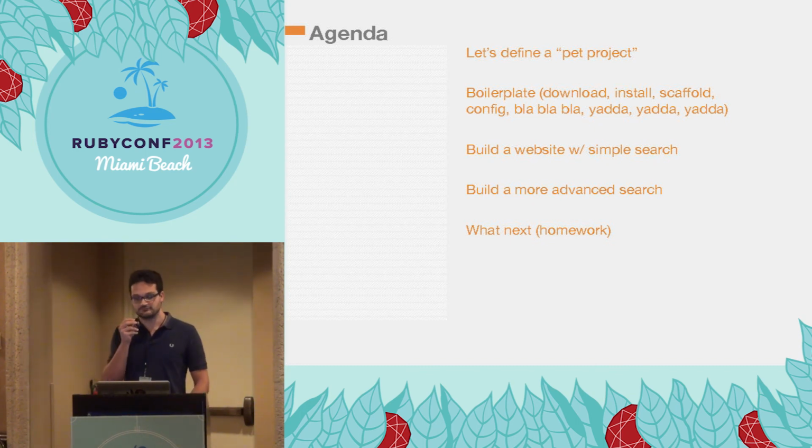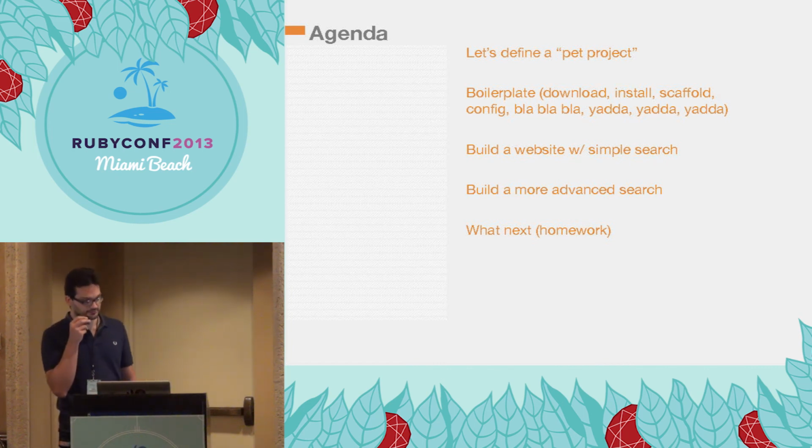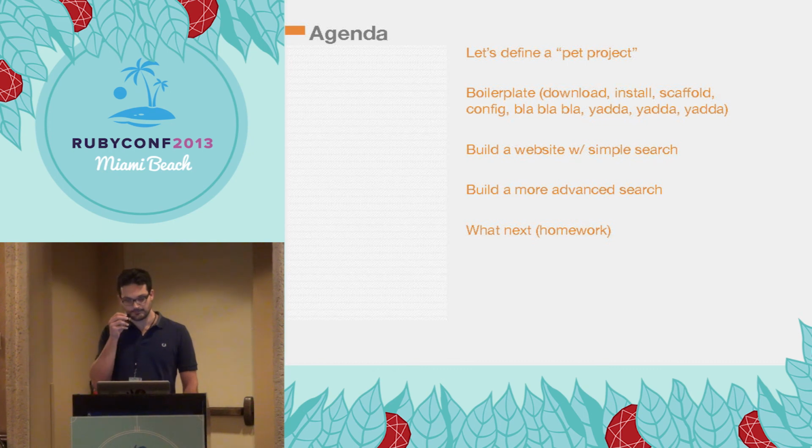We will see several boilerplate steps that we have to go through to download the code, download Elasticsearch, installing, scaffolding, configuring, etc., etc. And we will see a very simple website that we can build integrating search functionalities, and then see how we can refine, improve, and add more capabilities to our search. And then, as homework, other capabilities that Elasticsearch gives that I didn't have time to discuss here, but that with almost no effort you can integrate in your product.